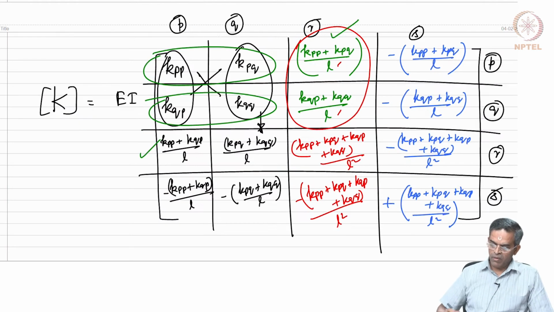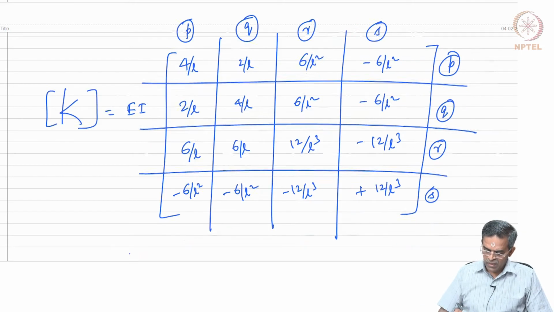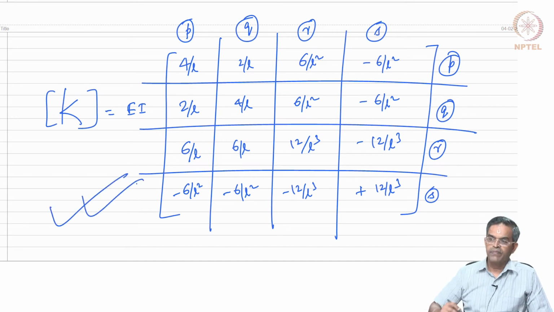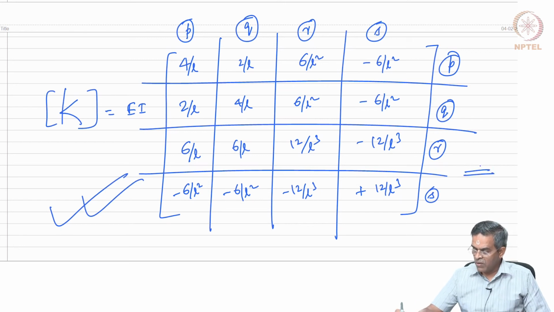I am following the same logic and the same form. I want you to remember this form, and I will now correlate it to the stability functions, so that if you remember this form, you can always remember the stability functions.